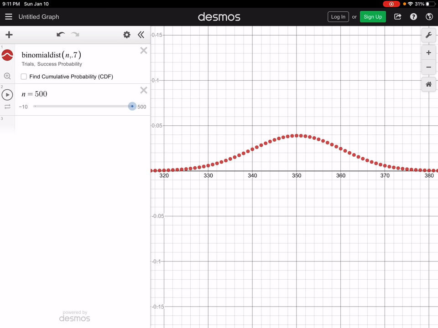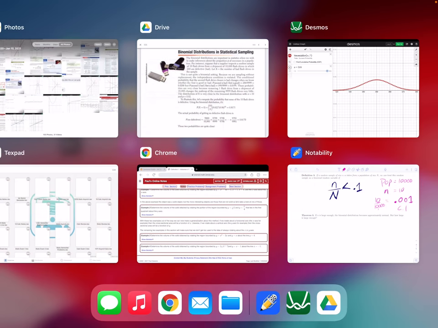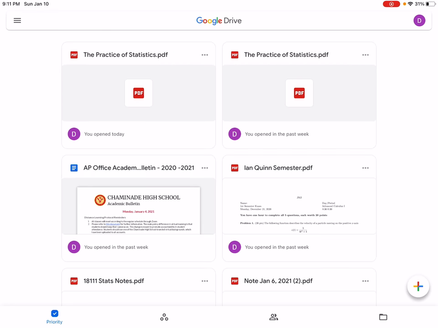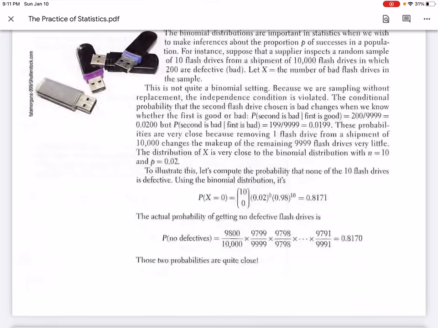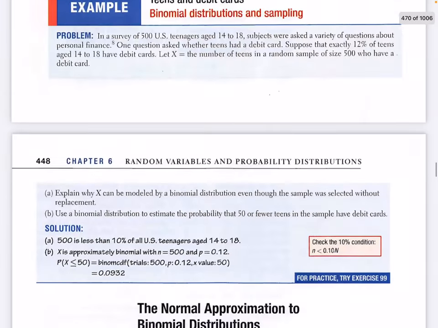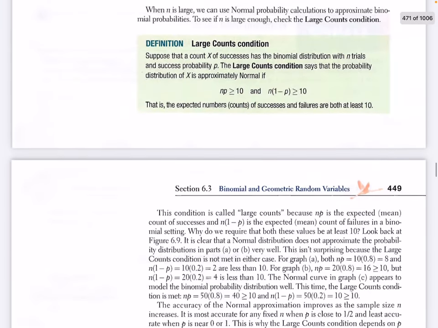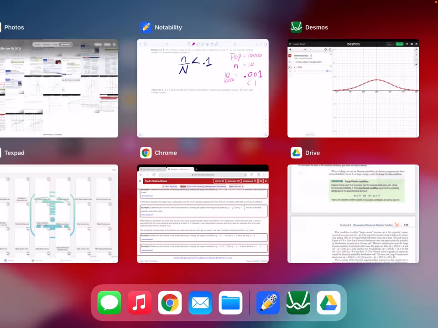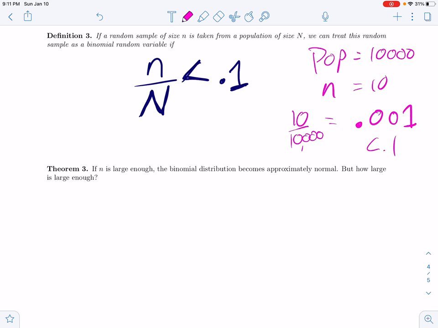But I guess the question is, how big is big enough, right? I say when n is big enough, we can pretend it's normal, but how big does that actually have to be? So if we take a look in the textbook, it's the 10 rule, the large counts condition. What we need is, how large is large enough?